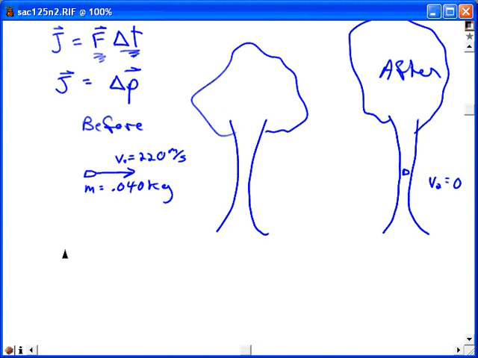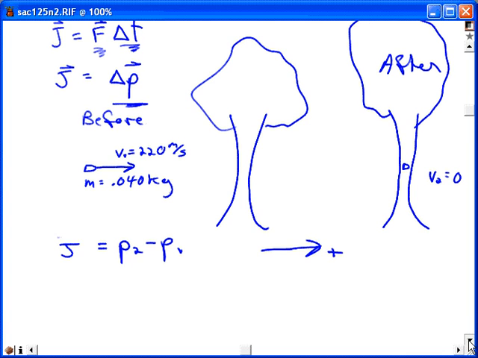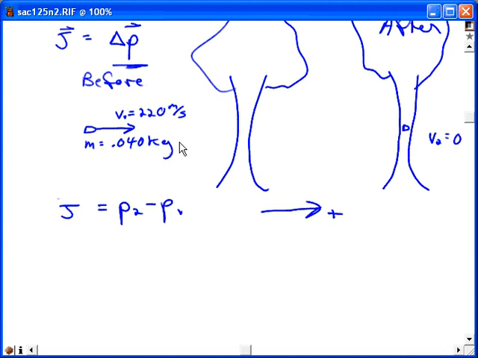Our momentum change, delta P, is the final minus the initial. Instead of the full vector notation, I'll call the positive direction to the right, and all momenta to the right will thus be positive, and the direction of the impulse will be characterized by a plus or minus sign for our resultant impulse.